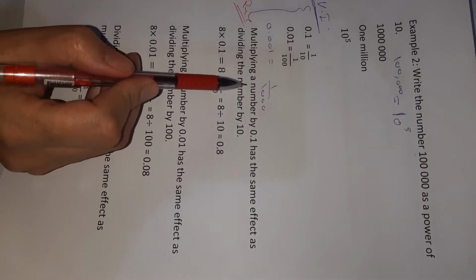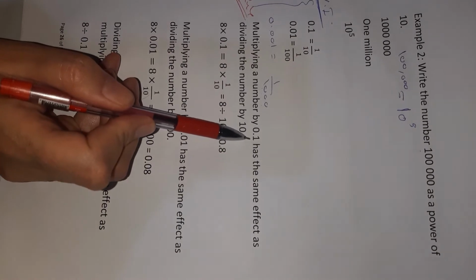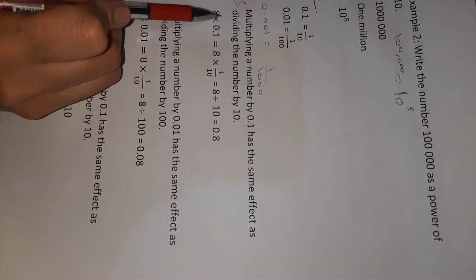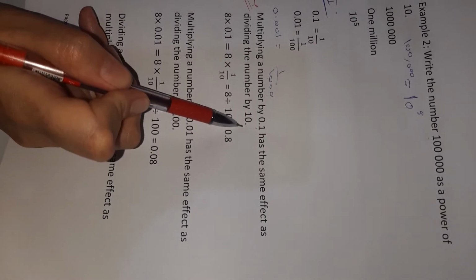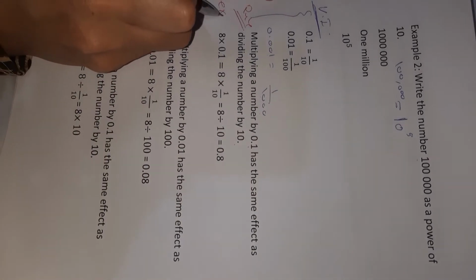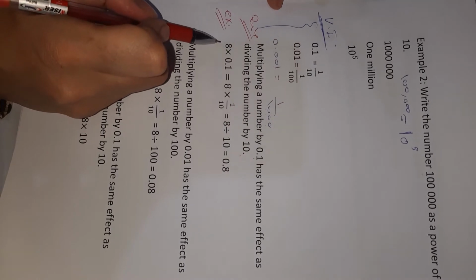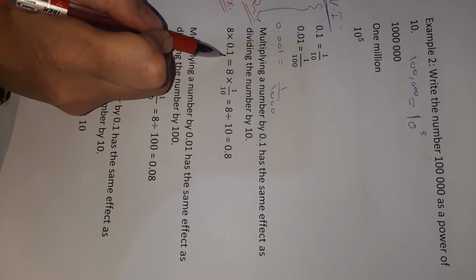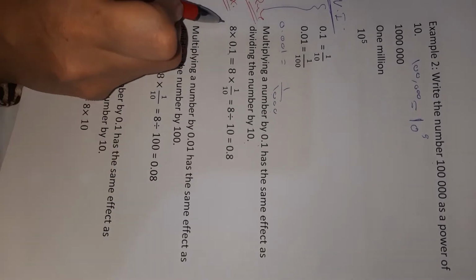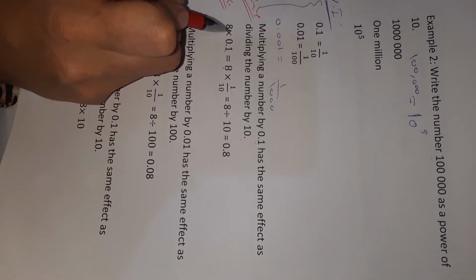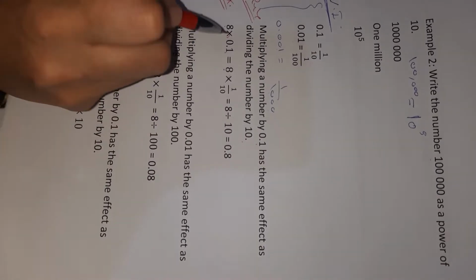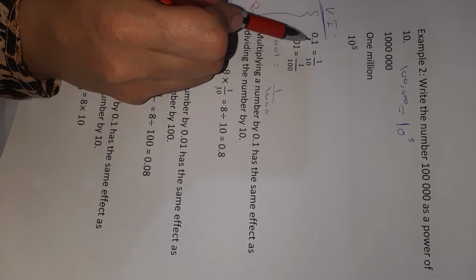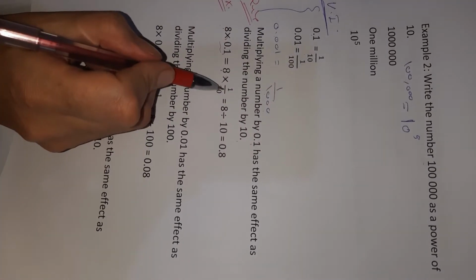Multiplying a number by 0.1 has the same effect as dividing the number by 10. Example: 8 times 0.1. Here 8 stays 8, with a multiplication sign, and 0.1 means 1 out of 10.